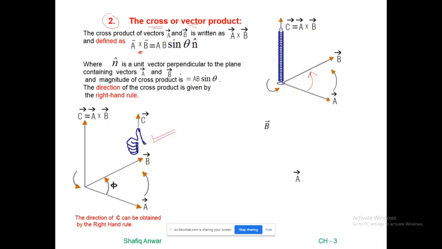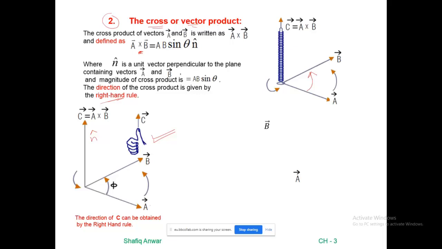So the C vector, the resultant vector, or n unit vector, has direction upward. This is the right hand rule. So whenever you have a cross product or vector product, you have a vector answer and you use a cross in between.